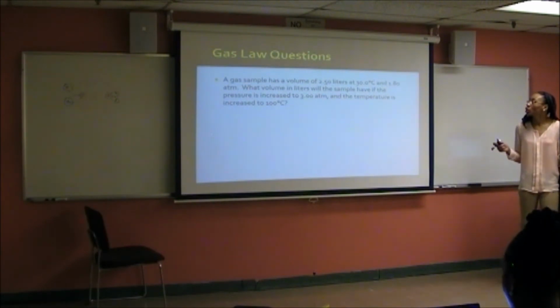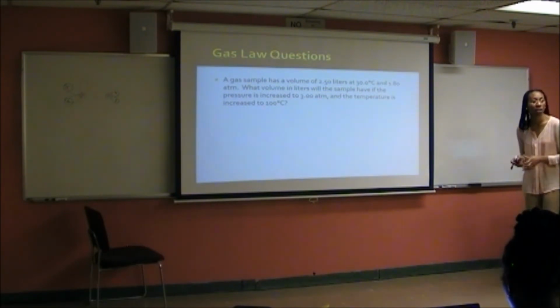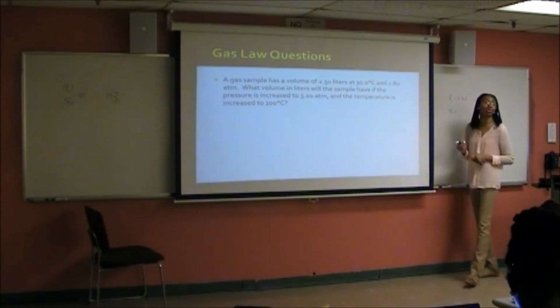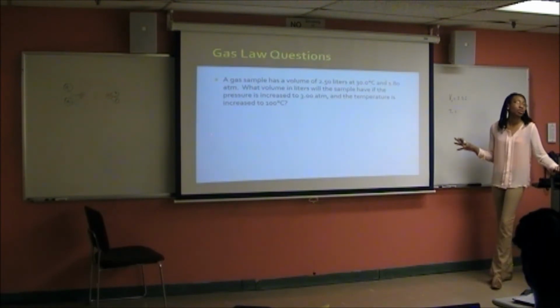All right? So what are my initial conditions? Here the first volume is 2.5 liters. V1 equals 2.5 liters. Temperature T1 is 30 degrees Celsius. With gas laws, how do we measure our temperature? In Kelvin.